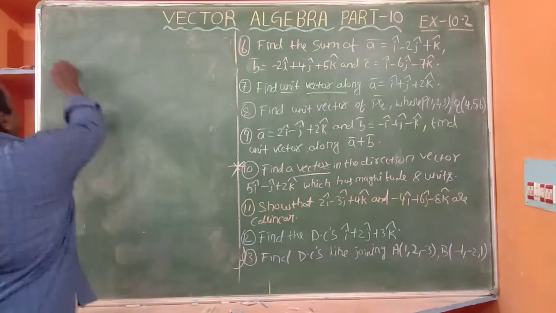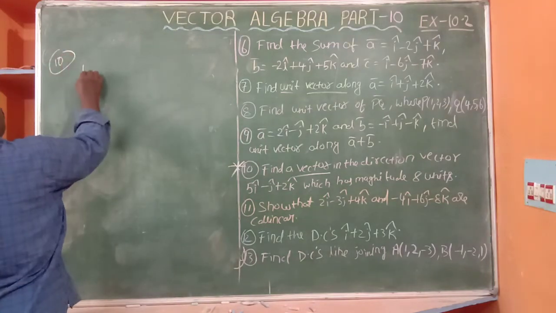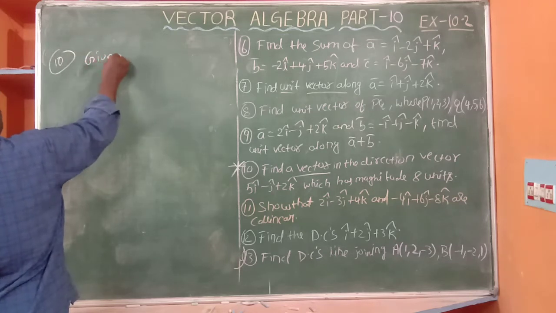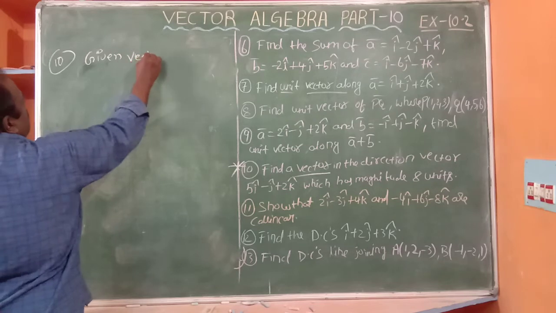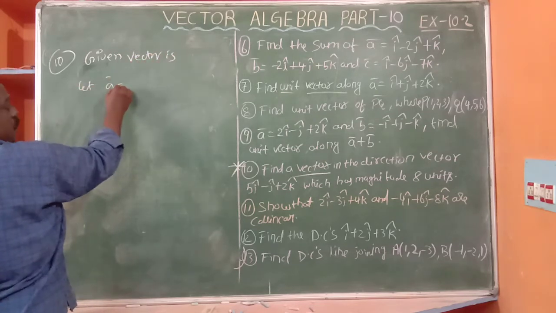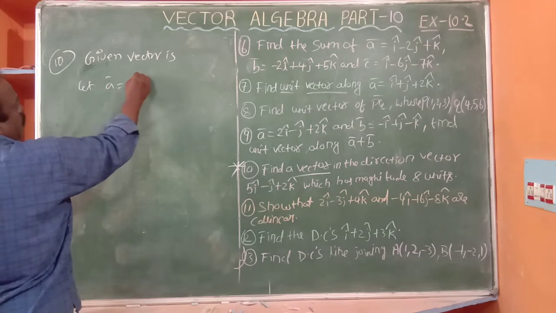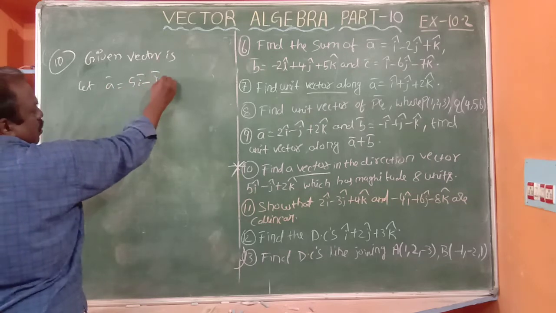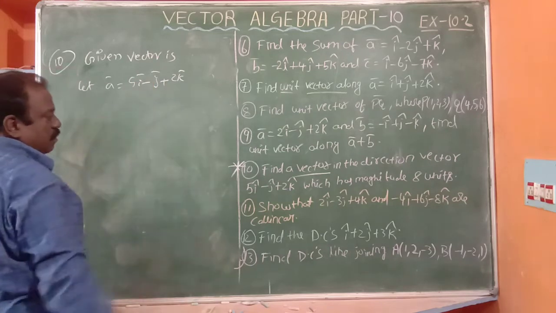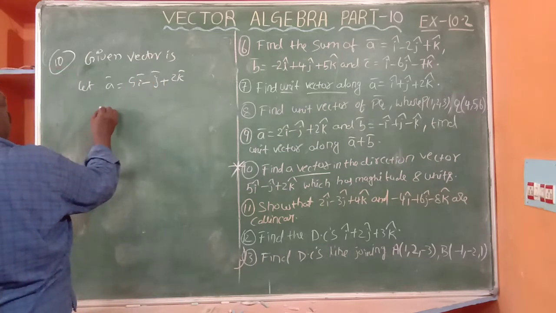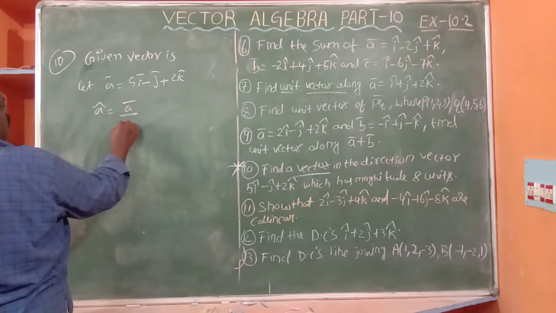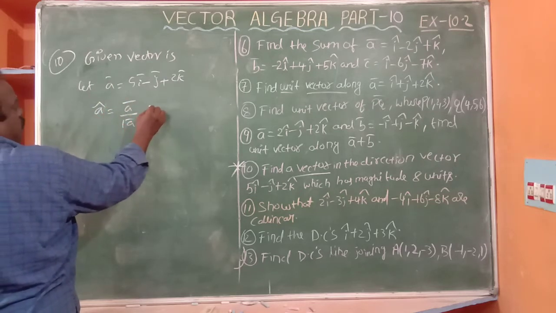You see, first the given vector, let it be A bar. A bar is 5i minus j plus 2k. We find A cap. A cap is A bar by modulus of A bar.